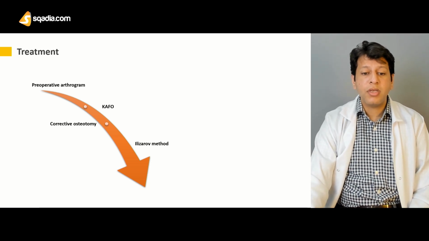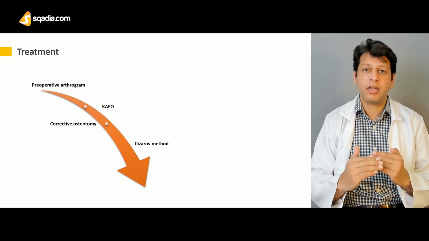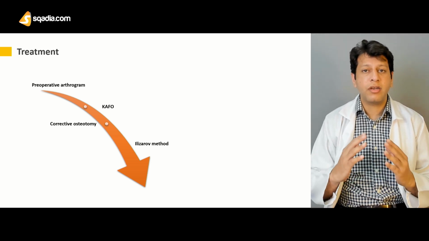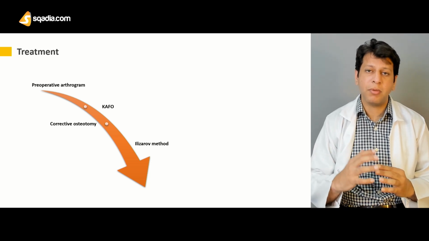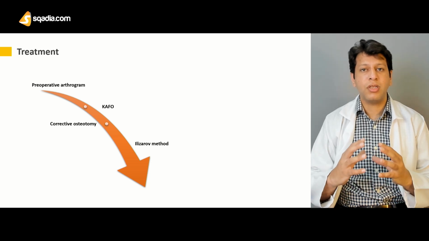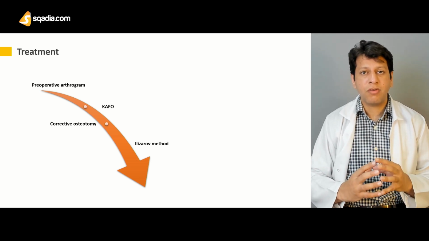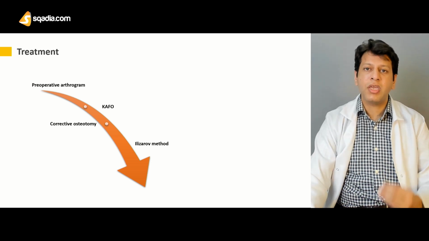Other options could be the Ilizarov method, that is, instead of completely correcting by an osteotomy, we do the corticotomy at the proximal tibia, and we gradually deform the bone in such a way that it not only corrects itself gradually, but the bone also heals along with it.